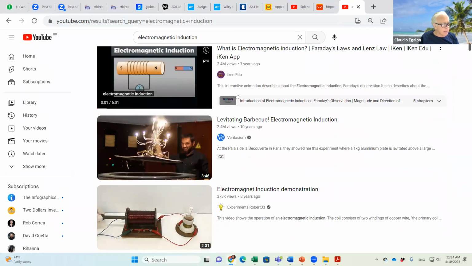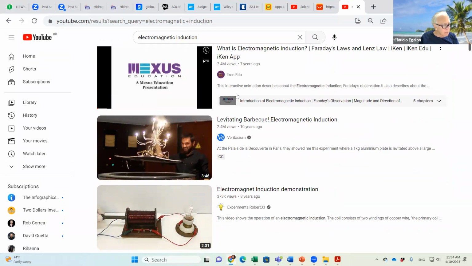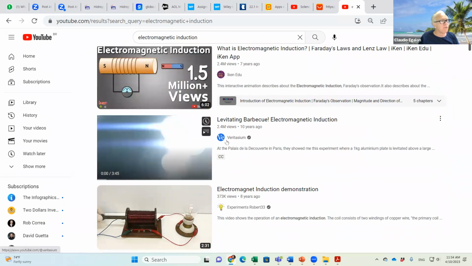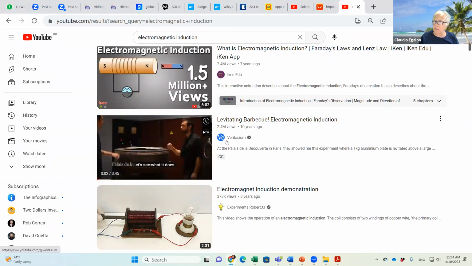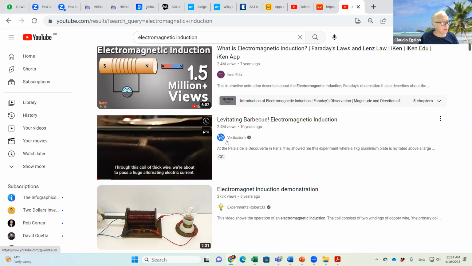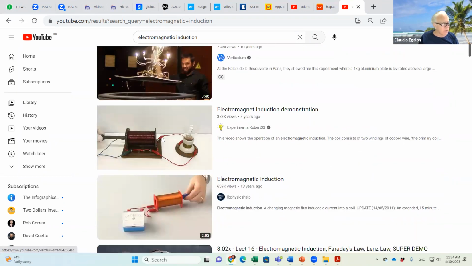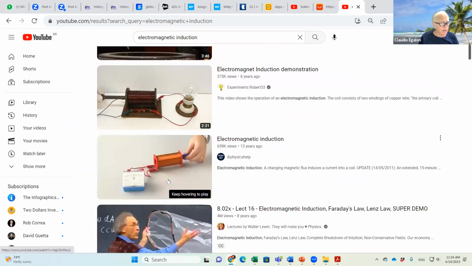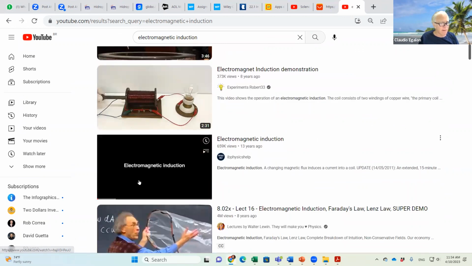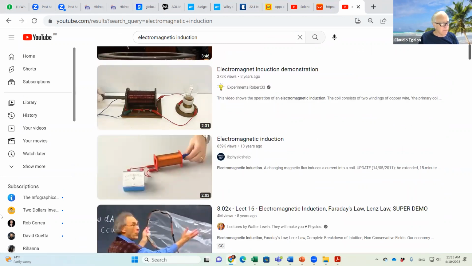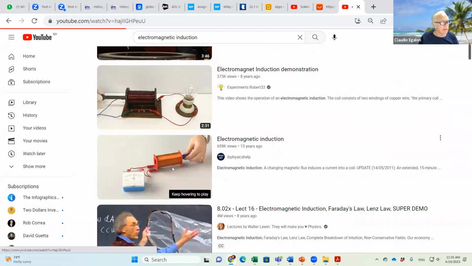That's something that I always do in my face-to-face classes there at the college. We have a bunch of demonstrations. Here's a solenoid. See a solenoid here? Okay. We have those solenoids there. Let's click this one. I like this one better.